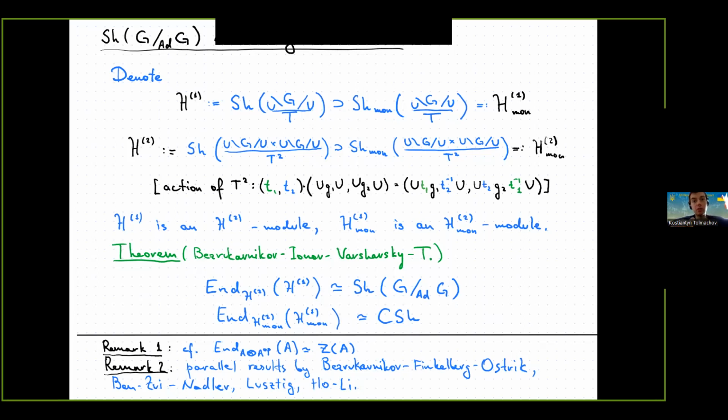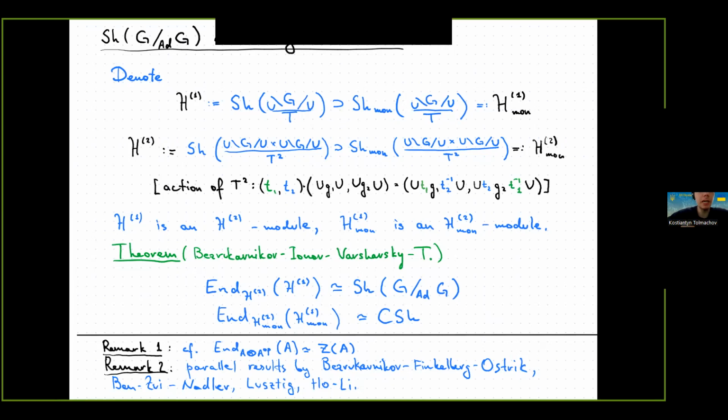And we prove, with Bezrukavnikov, Ionov, and Varshavsky, that endomorphisms of H1 as an H2-module is equivalent to the category of sheaves on G equivariant with respect to the adjoint action of G on itself. And the endomorphisms of H1 monodromic as an H2 monodromic module is the category of character sheaves on G.